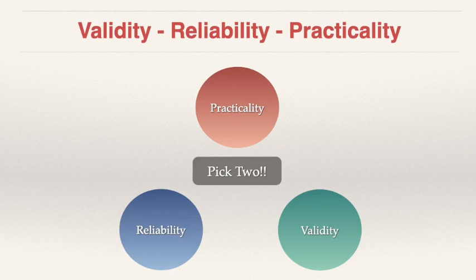It is important to consider all of the 5 principles when making tests and assessments. However, it is also important to realize that we usually cannot have all 5. We must usually compromise on something in order to have a practical test.